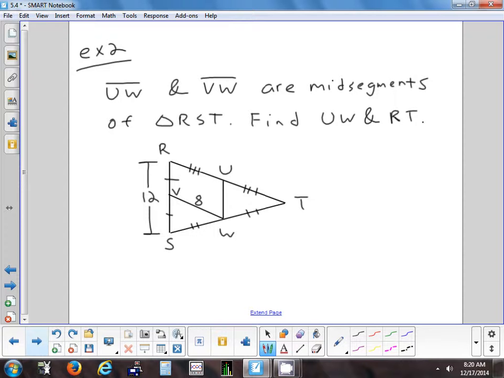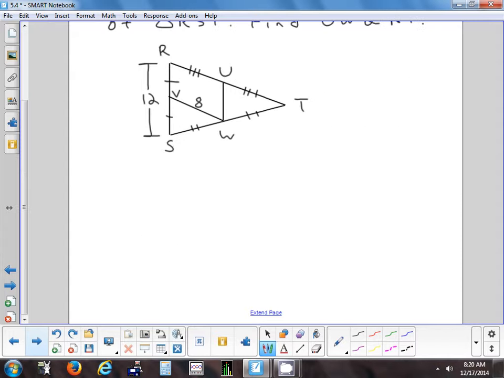Notice how I wrote it, too. When I wanted to talk about the segments, I put the bar over it. When I wanted to talk about the length, I didn't put the bar over it. I will test you on that on the midterm. Okay, the proper notation for stuff. All right, so let's find UW.